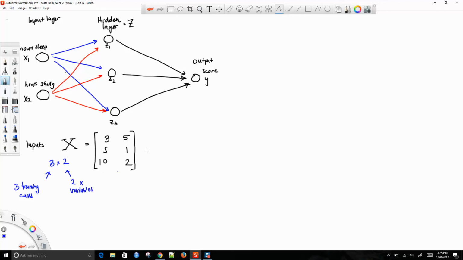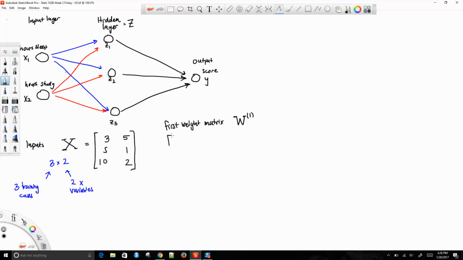And we will multiply this by our weight matrix, our first weight matrix, which we will call W1. If we look at all of the arrows, we have 6 arrows: 3 coming off x1 and 3 coming out of x2.